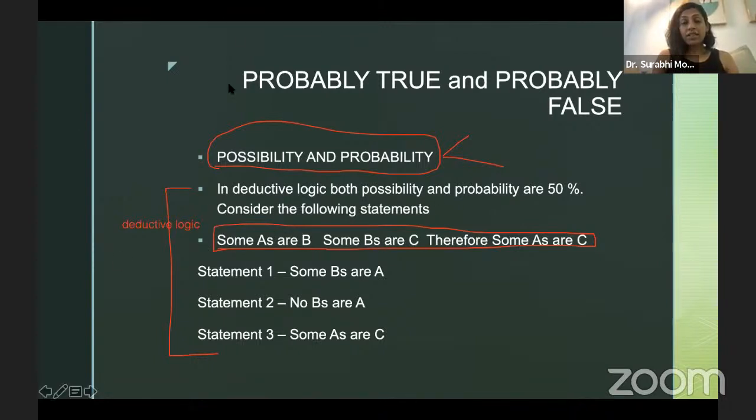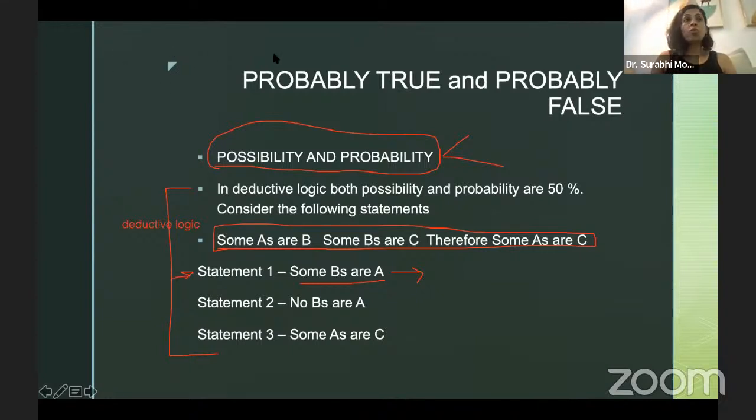Now, based on this, I have given you a degree of truth and falsity questionnaire, and I have written statement one: some B's are A's. What can you say about some B's are A's based on the passage? Tell me quickly.